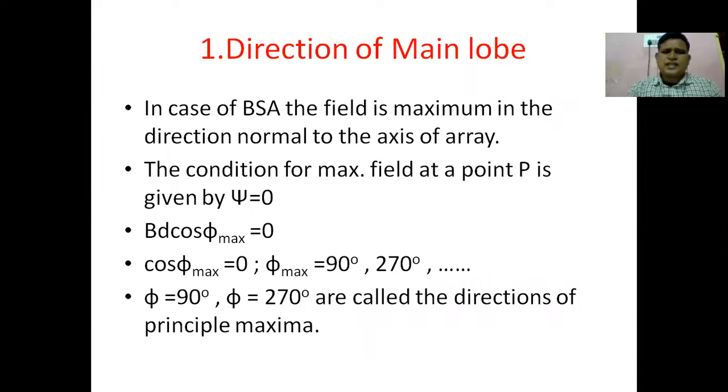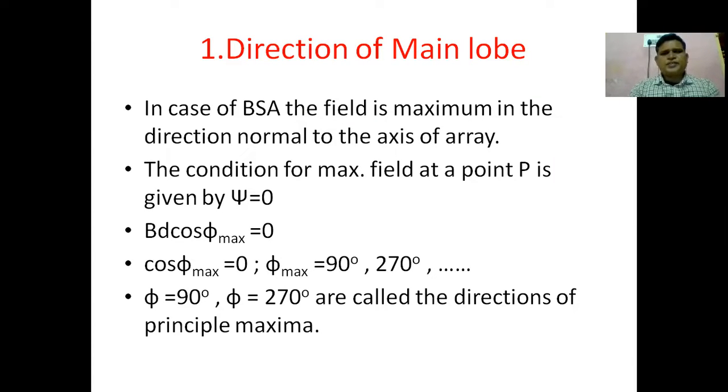First one is the direction of the main lobe. In case of a broadside array, the radiation is maximum in the direction perpendicular to the axis, or normal to the axis. Therefore, the condition for the maximum field at point P is given by psi equal to 0. Now, what is psi?